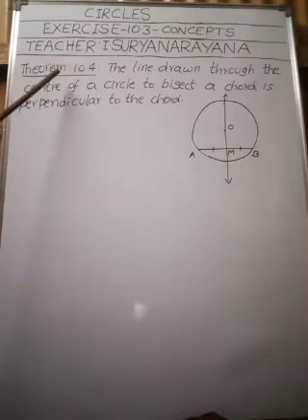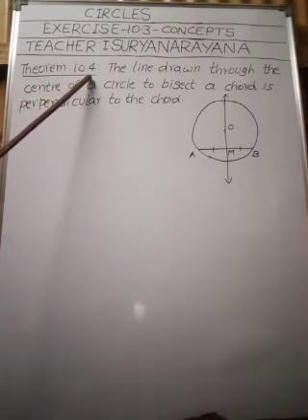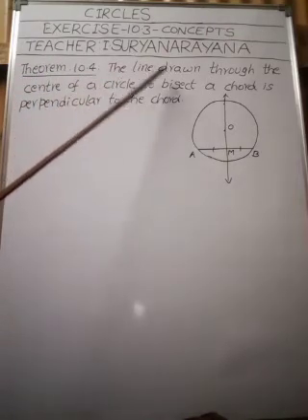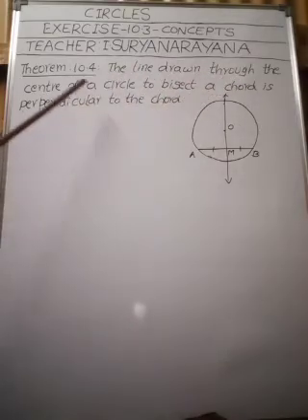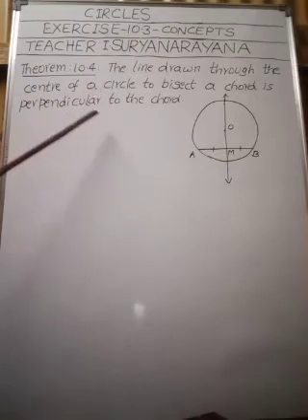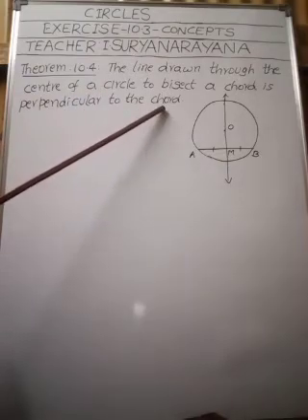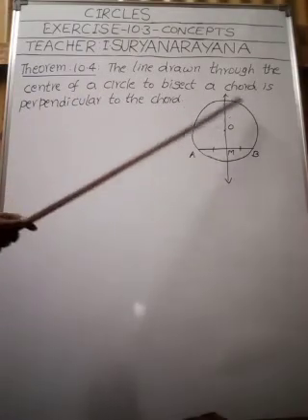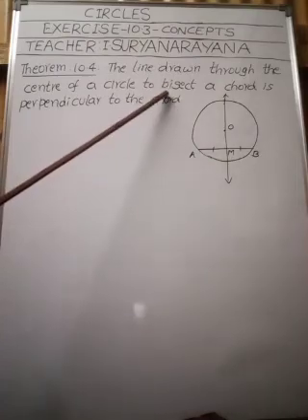Now come to theorem 10.4. The line drawn through the center of a circle to bisect a chord is perpendicular to the chord. See the figure, my children. Let us visualize this concept.